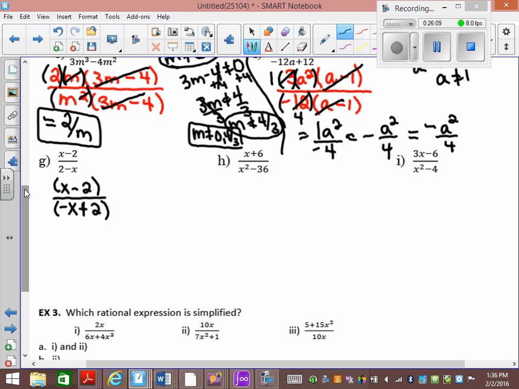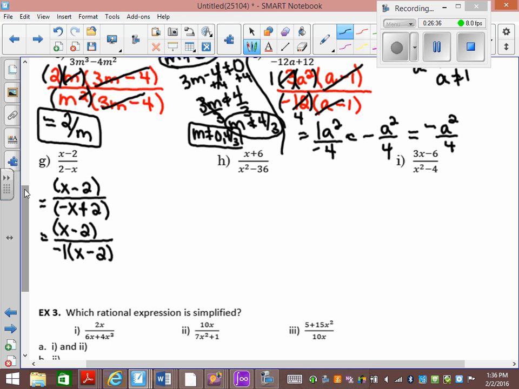So the top is x minus 2. And in the bottom, I can pull out a negative 1. If I take out a negative 1, my negative x becomes positive x. And my positive 2 becomes negative 2. And now they match. So if you have everything the same, letters and numbers, but the signs are opposite, you can just pull out a negative 1.